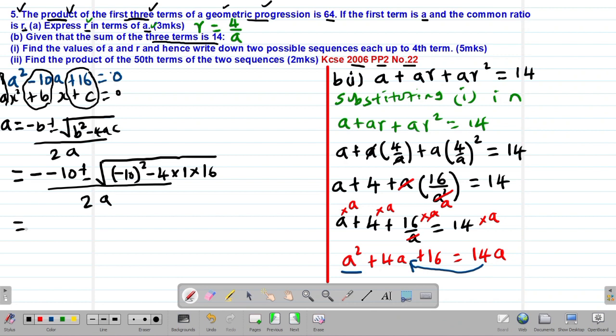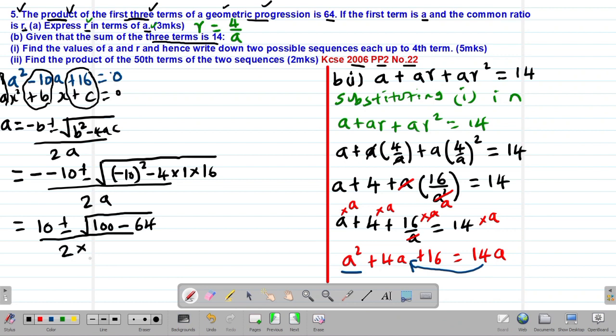So this is going to give us positive 10 plus or minus the root of negative 10 squared will give us positive 100 minus 4 times 16 will get positive 64, then divided by 2 multiplied by a.